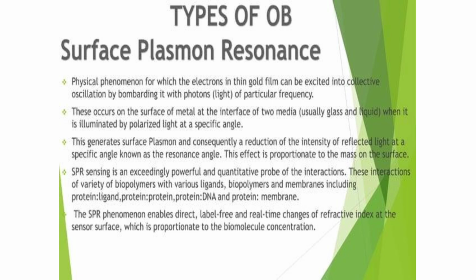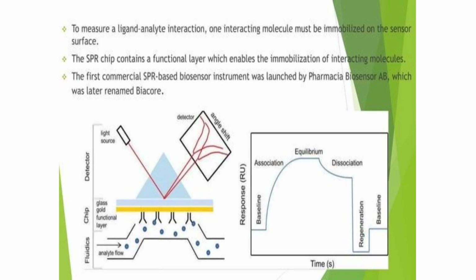Surface plasmon resonance is a physical phenomenon where the conduction electrons in the thin gold film are excited into collective harmonic oscillation. This excitation occurs precisely on the surface of the metal, and the generation of the surface plasmon will cause a sharp drop in the intensity of the light at a specified angle that we call the resonance angle.